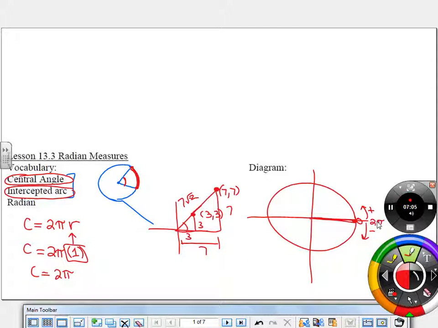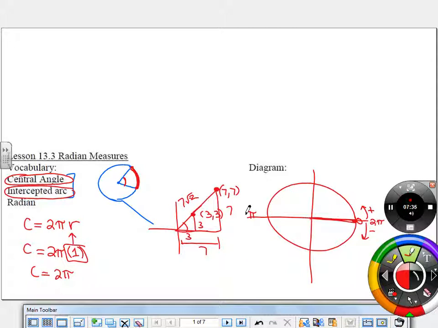Once we knew that a circle had 360 degrees in it, what did we say to go halfway around the circle was in degrees? 180, because that was half of 360, correct? If we know that to go all the way around the circle is 2 pi radians, what is it to start at 0 and go halfway around the circle? 1 pi radians, yes. So this position, the 180 degree position, is also known as pi in radians.